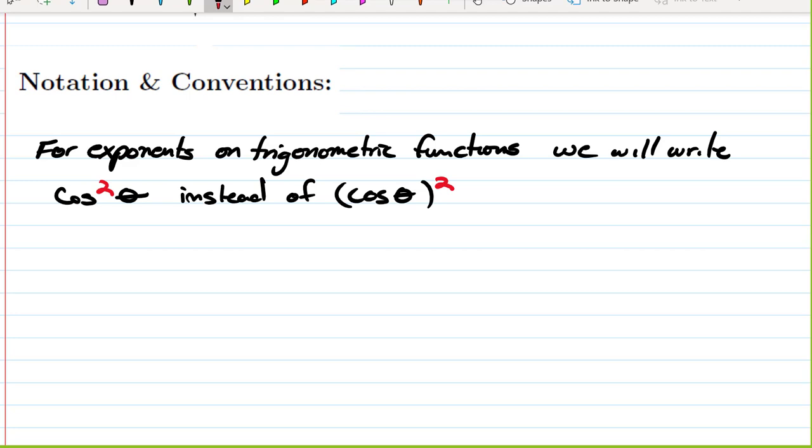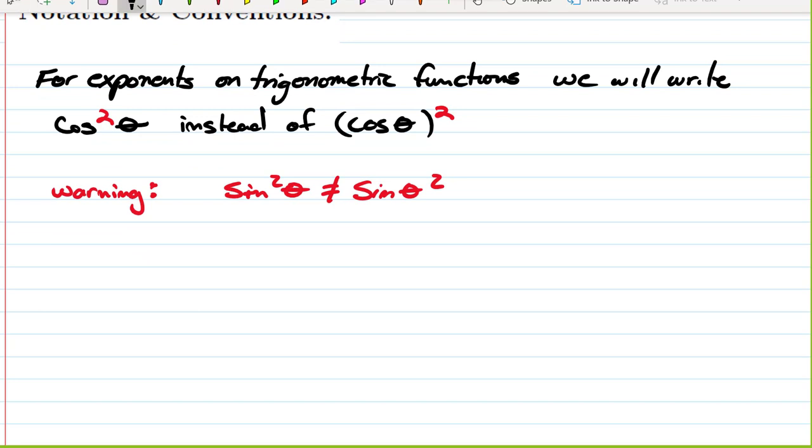So we have a warning here, and that is that sine squared of theta does not equal sine of theta squared. So let's talk about what each of these symbols mean.